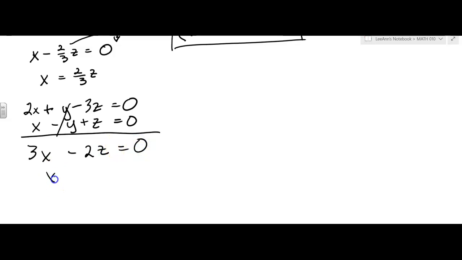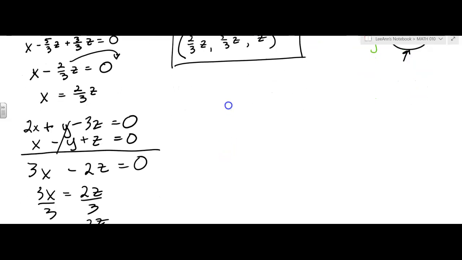Now to solve for x, we would put the 2z on the other side, and you get x equals 2z over 3. Okay. Then what could we do? Well, that's the same answer we had, right?